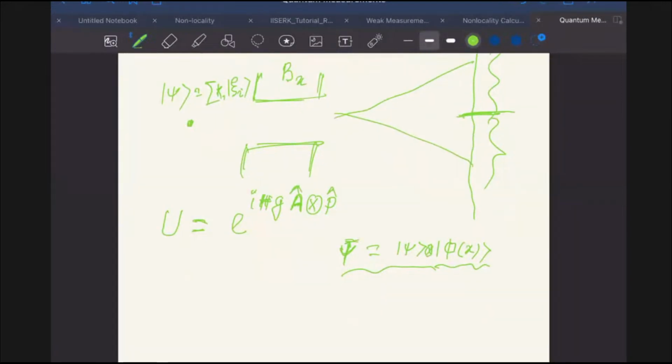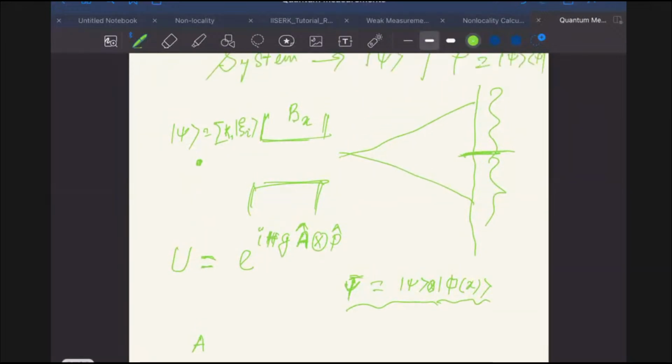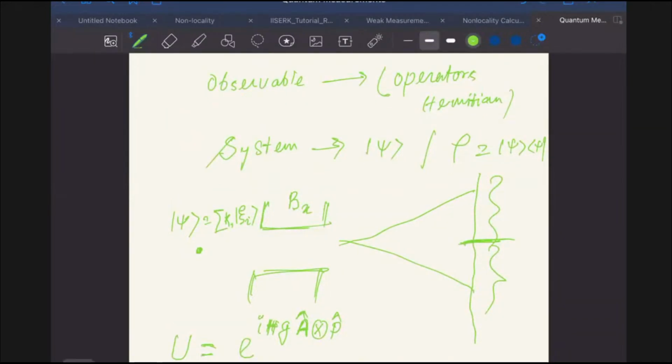Now, when I am measuring this operator A, Sumit asks: what do you mean by intending to measure an operator? What is measurement? Actually, as I said before, an observable is represented by an operator in quantum mechanics.